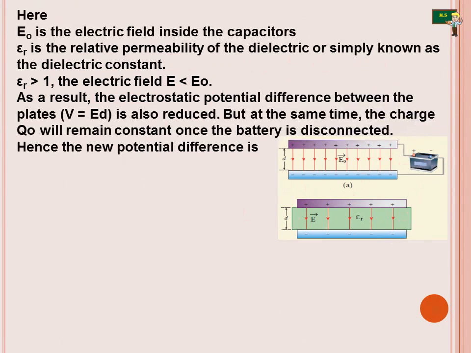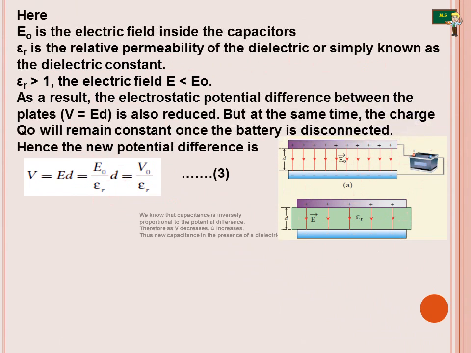Hence, the new potential difference after the disconnection from the battery, V is equal to ED is equal to E0 divided by epsilon R into D. Instead of E0 D, we can put V0.